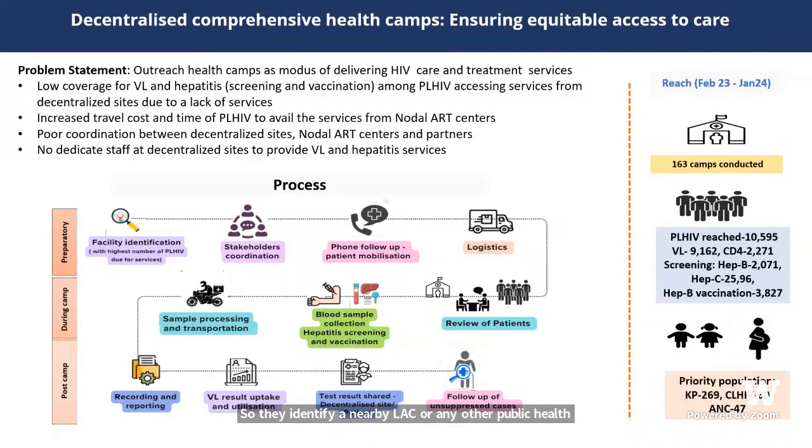The DAPCOs or the staff from the ART center call these patients, group them at one site and conduct comprehensive health camps where they do different things. It's not easy. These are all differentiated care that we need to do.